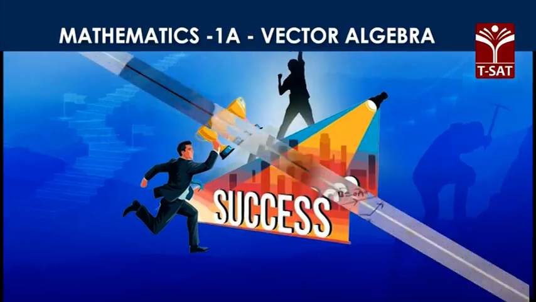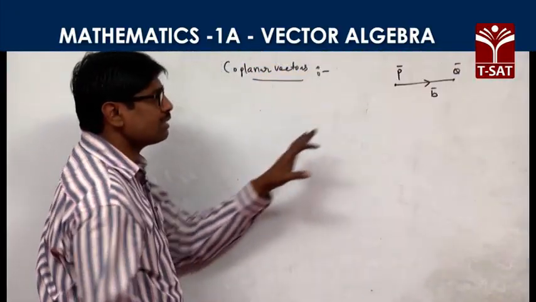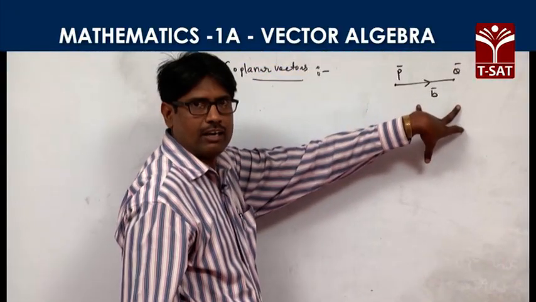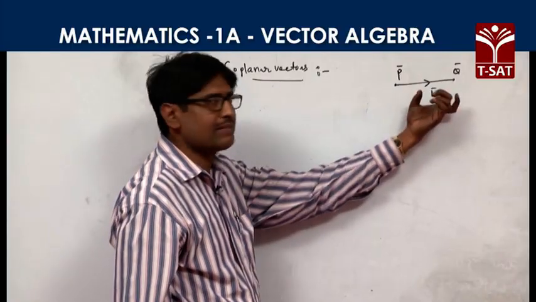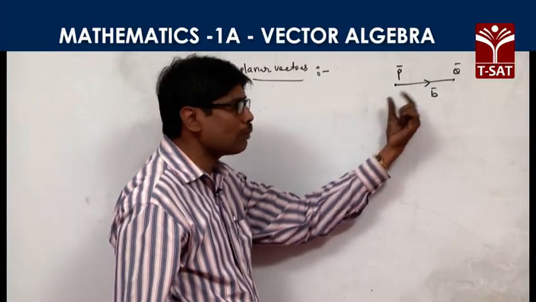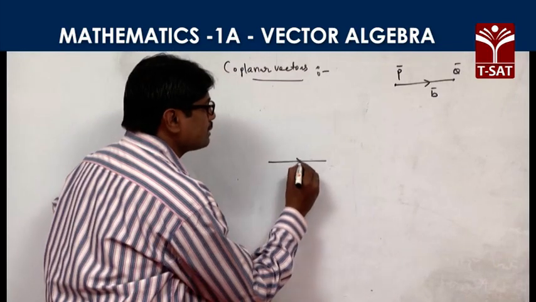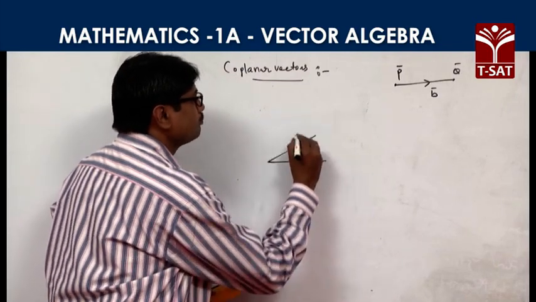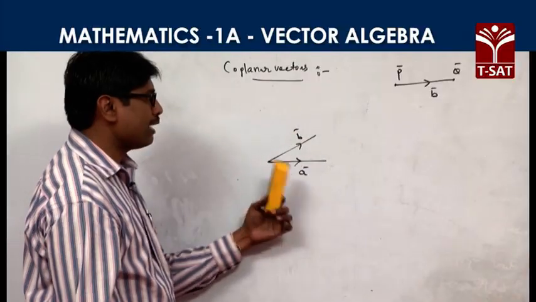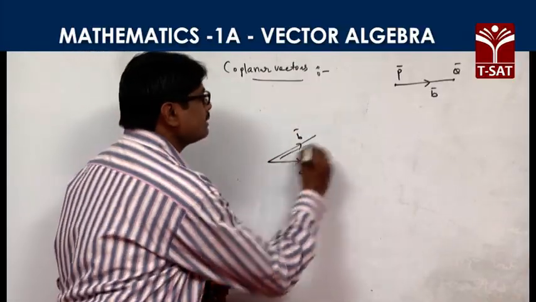Now, to define the coplanar vector, we started with a vector and a vector point. P and Q are the vector points. Joining two vector points, a vector will be formed. Two vectors always construct a plane. If A bar and B bar are two vectors, they construct a plane.